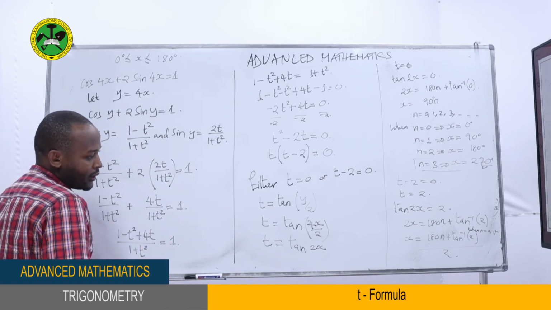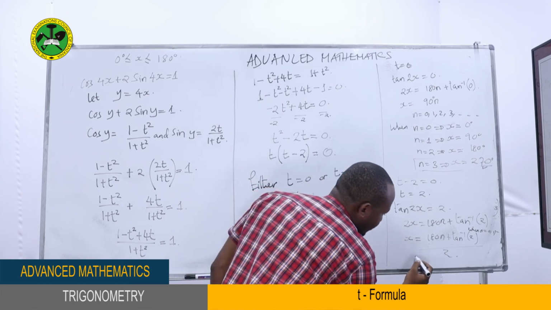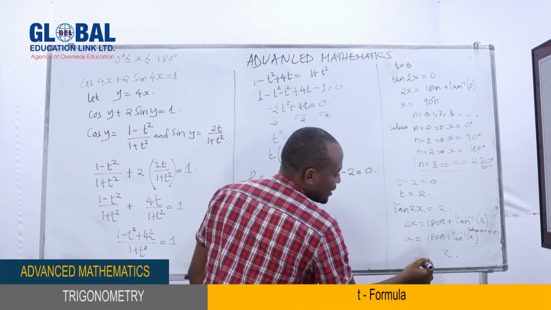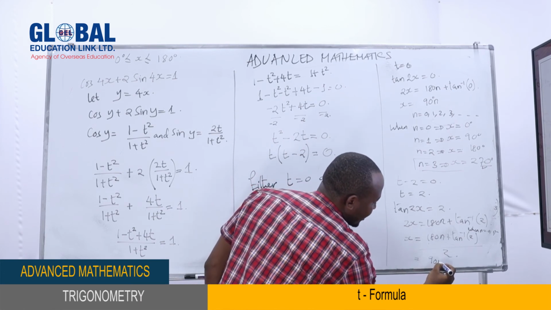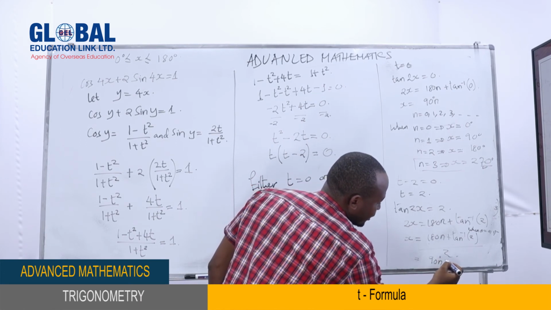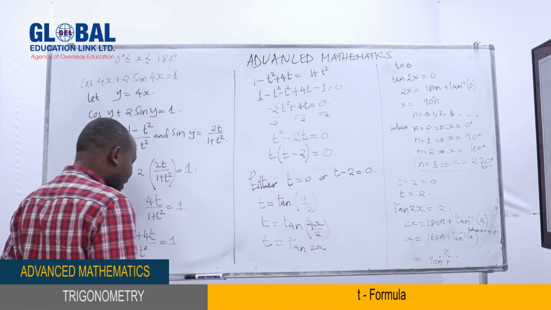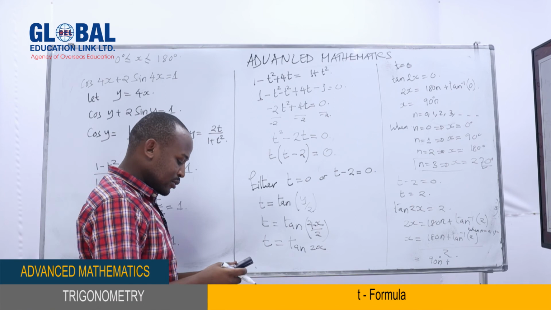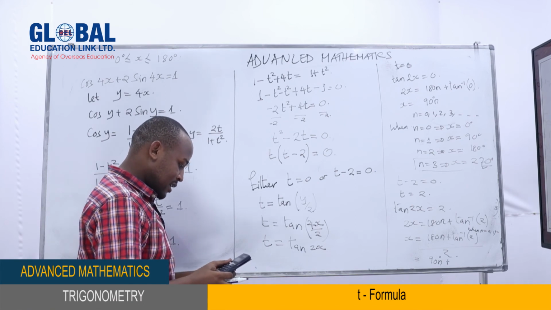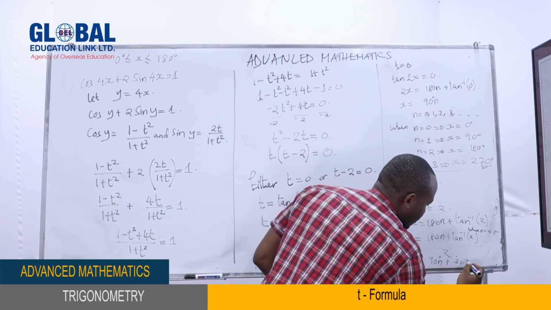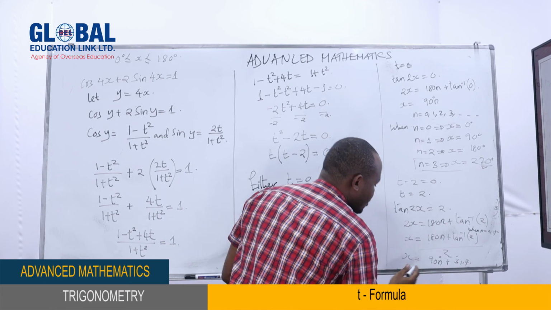If you divide that by 2, it is 90n degrees plus 64, the answer that we obtained, divided by 2. So the answer divided by 2 equals 31.7. So that is x.